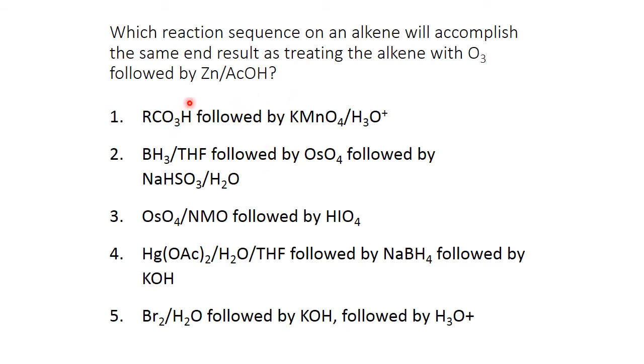So this is not going to give it to you. Not only that, you haven't seen an epoxide being treated with potassium permanganate, so you can just toss that out because I'm not going to give you unfamiliar reactions to consider.